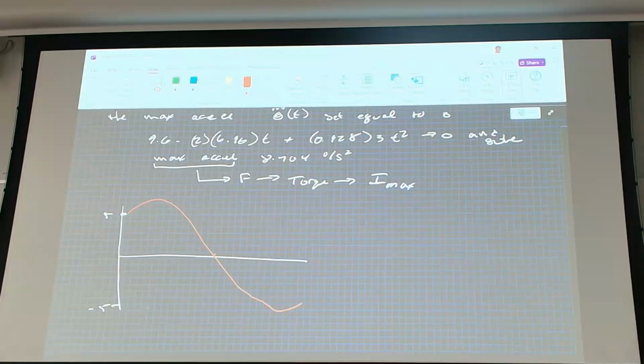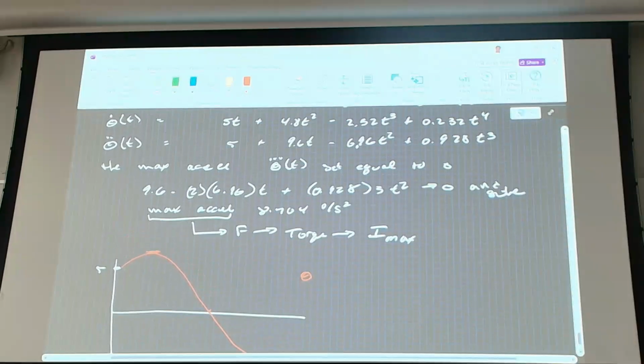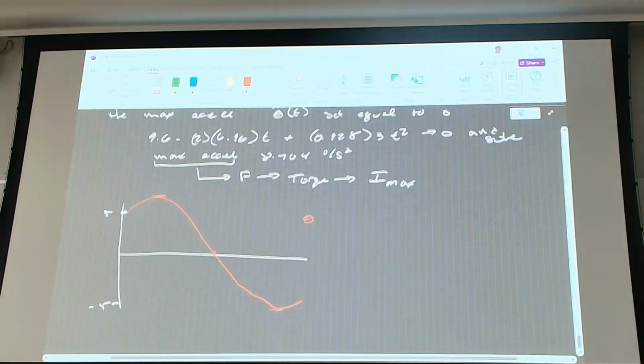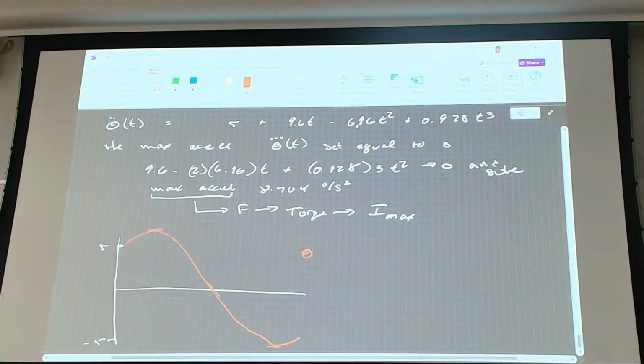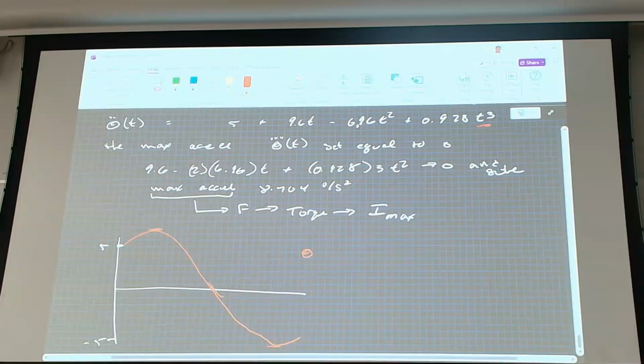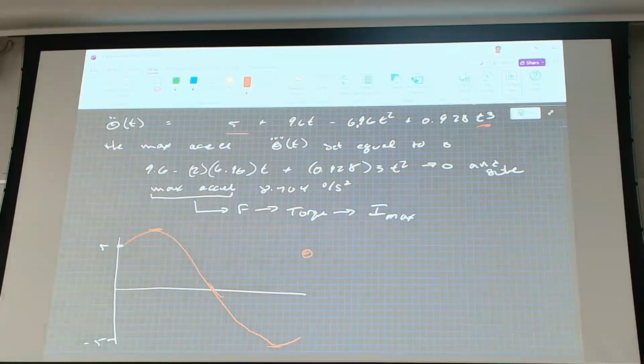So this is going to exceed a little bit of 5, but starting and stopping at 5. So we're going to actually see theta double dot that we see right here. There's that transition point. That's going to be this equation that we have right here. So that's the equation of acceleration.